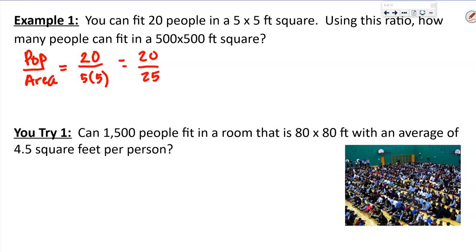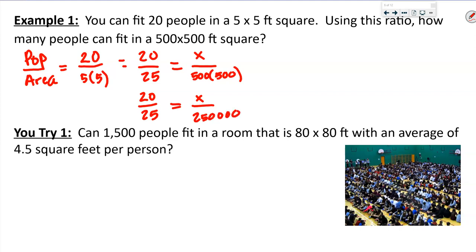Then we're going to set that equal to how many people can fit in a 500 by 500 square foot. Again, we're talking about people, so we're going to put our X on the top, and we're going to do our 500 times 500 here. That's going to give us 20 over 25 is equal to X over 250,000.